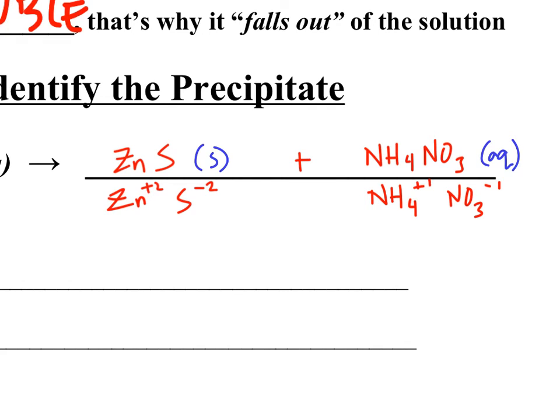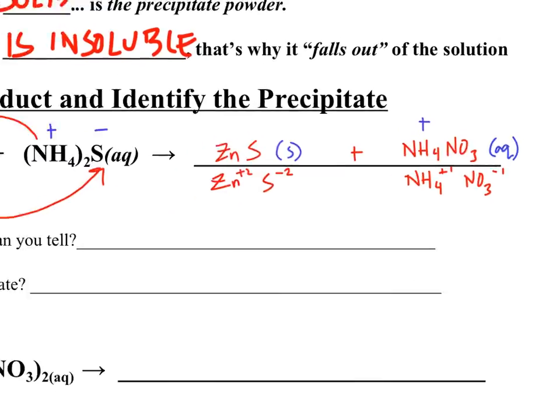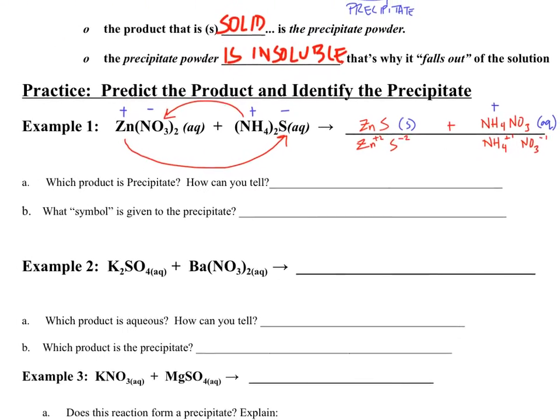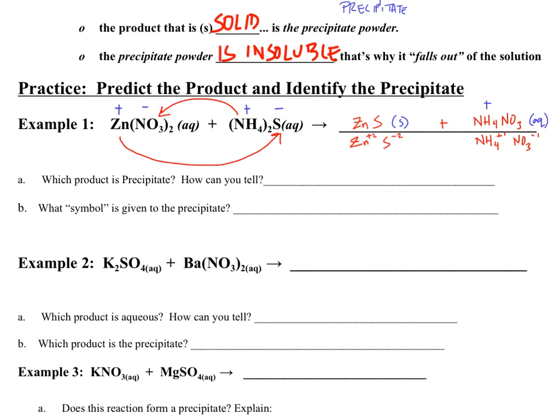If ammonium is present, the compound is soluble in water, which makes it aqueous. So zinc sulfide is my precipitate. Which product is the precipitate? It's the one that was a solid, the one that was insoluble: zinc sulfide.